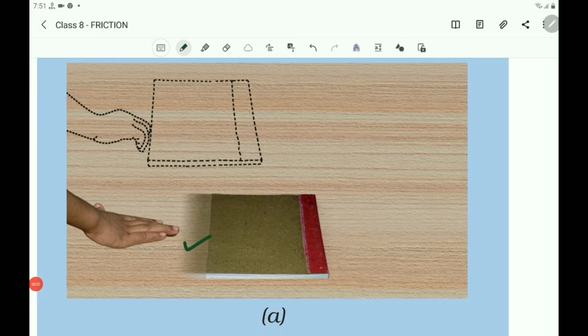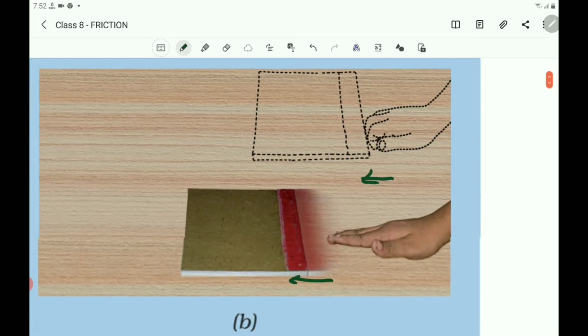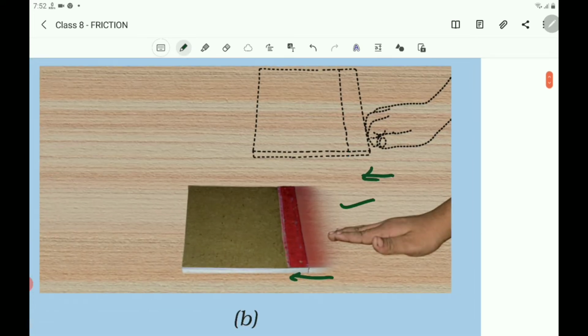In this activity of pushing the book, you can observe that if you apply the force along the left, friction acts along the right. If you apply the force along the right, the friction acts along the left direction.